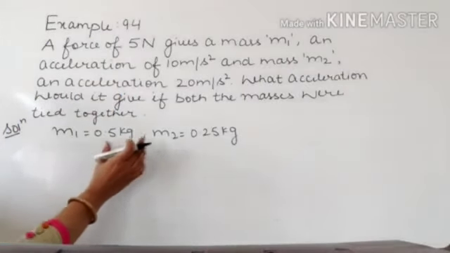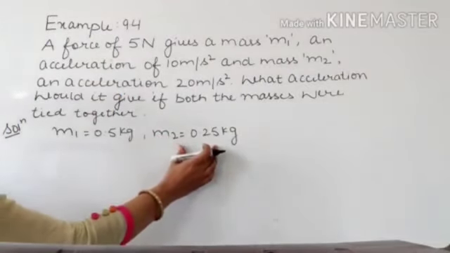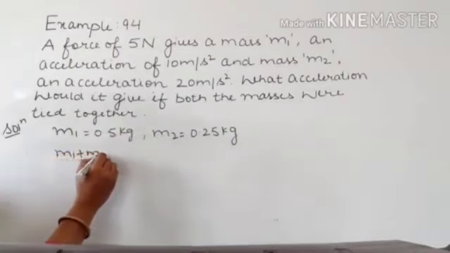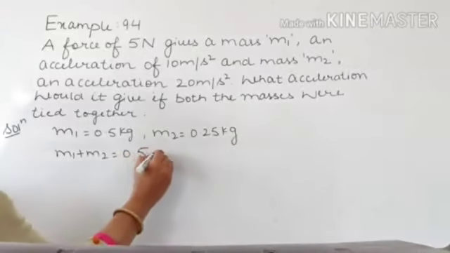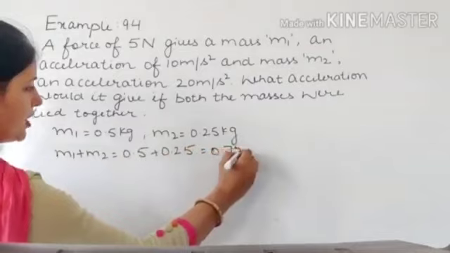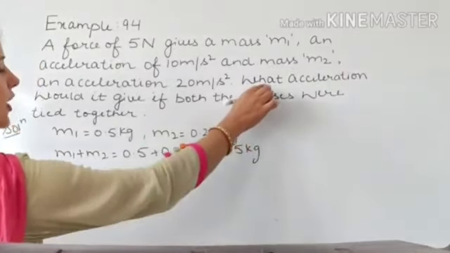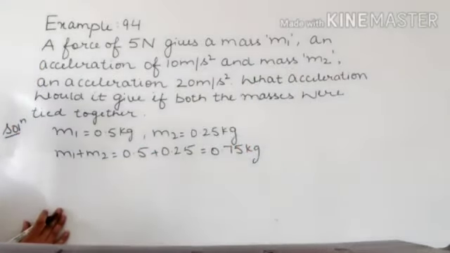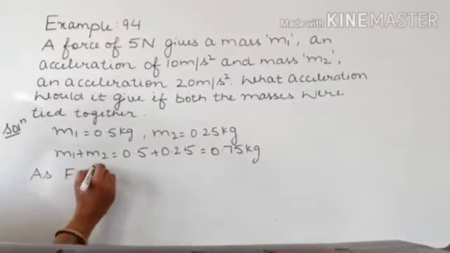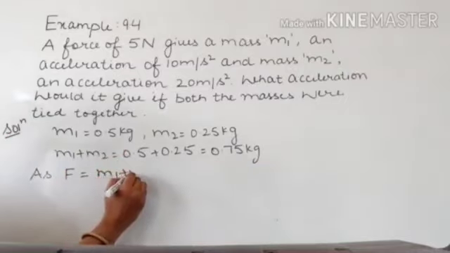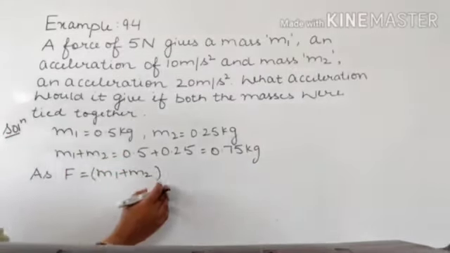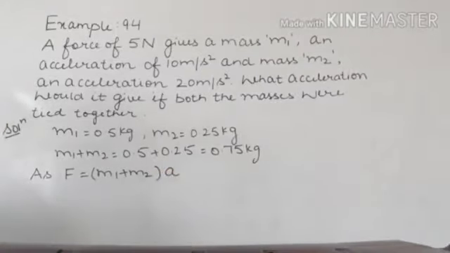See, if these two masses were connected together, that is m1 plus m2, 0.5 plus 0.25, that is 0.75 kg, we have to find out the acceleration produced. Again, as F is equal to ma, we have to take the combined mass m1 plus m2 multiplied by acceleration.